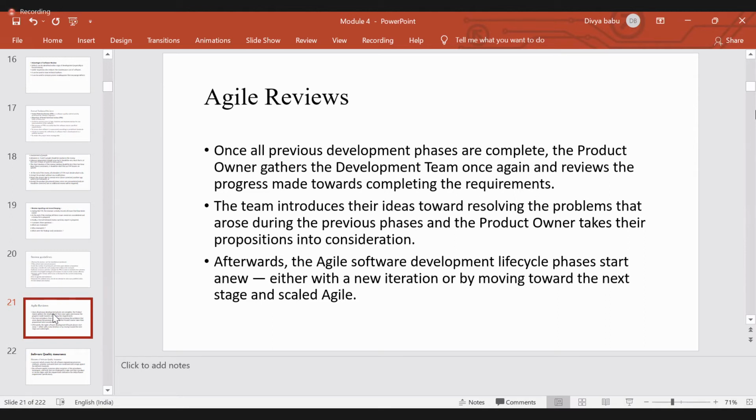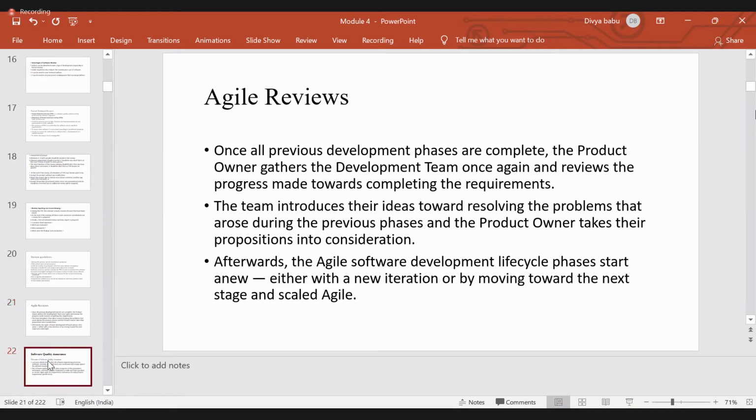Suppose in the review meet they find out you couldn't meet the customer requirement, we will repeat the same phase again and again, because it's iterative in nature, right? So till you satisfy the customer requirement, they will repeat the same stages, and after finishing every stage, they will conduct one review meet to check whether you meet the customer requirements or not.